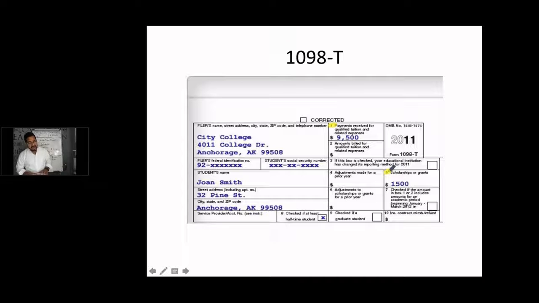Remember, I understand that a lot of customers show up to the tax preparation office saying, oh, I don't have this, I don't have that.